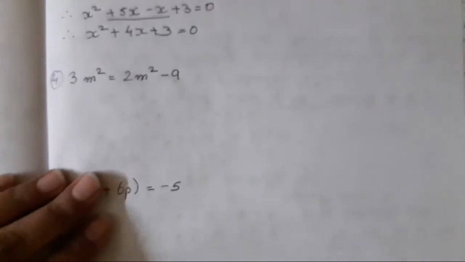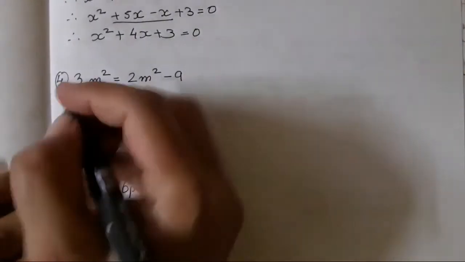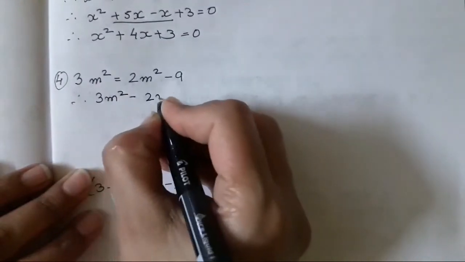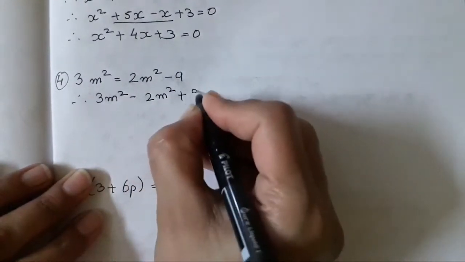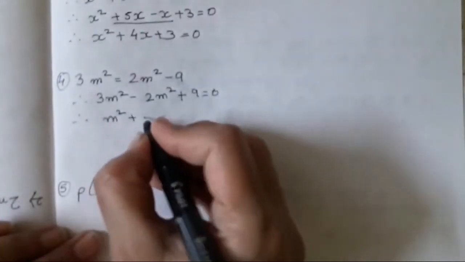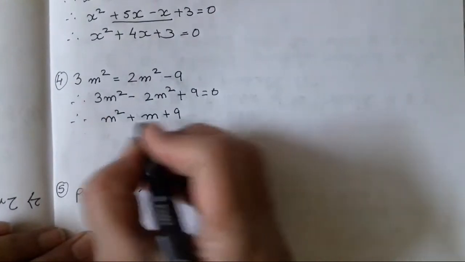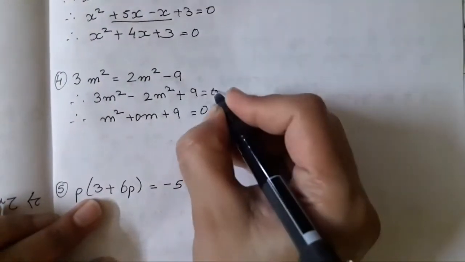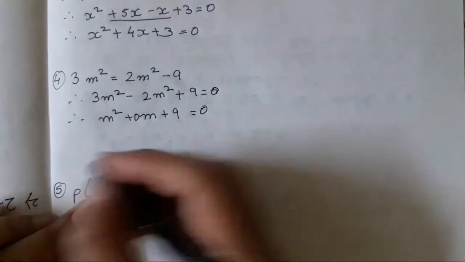Fourth sum. Therefore, 3m square minus 2m square plus 9 is equal to 0. Therefore, m square plus 0m plus 9 is equal to 0. Okay, I'll show you why I have written 0m.